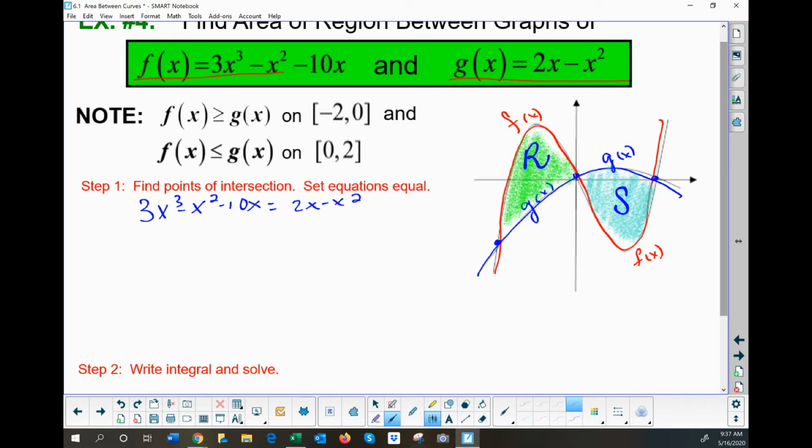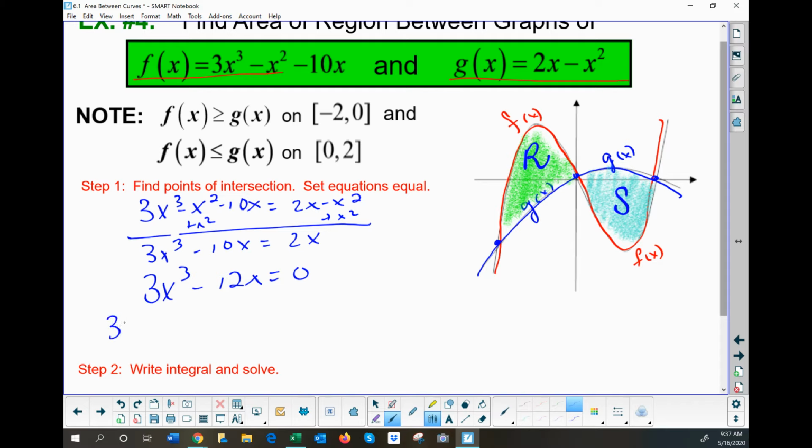It's cubic, which makes it a little bit more difficult, but this one actually turns out pretty nice. If we add x squared to both sides, the x squared term disappears, doesn't it? It zeroes out on us. And then I would subtract 2x and get 3x cubed minus 12x equals 0. Okay, whoops, I should have cubes there. Sorry. Cube and cube.